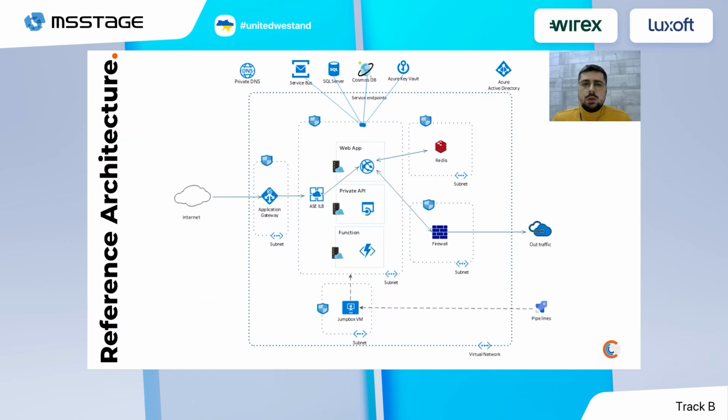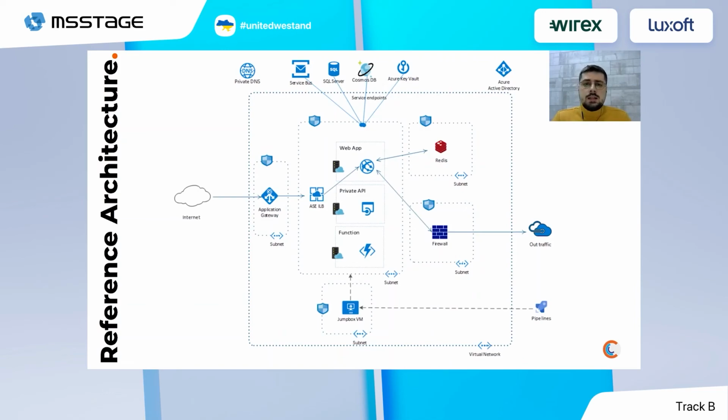A premium tier of Azure Cache for Redis is used, which allows configuring the cache in the same virtual network as the ASE, but in its own subnet. This provides enhanced security and isolation to the cache.